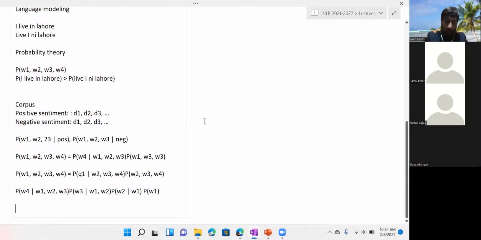So in other words, in language modeling, we would like to estimate the probability of W1, W2, W3, and W4. Right now it was just writing it in terms of probability formulas, but the whole thing in language modeling is how do you estimate these probabilities?